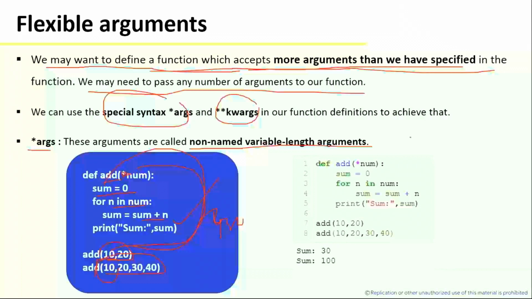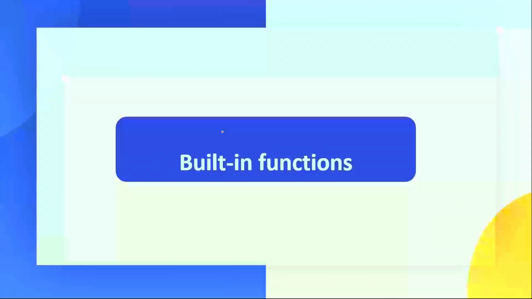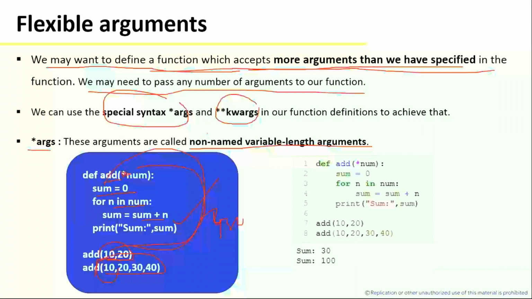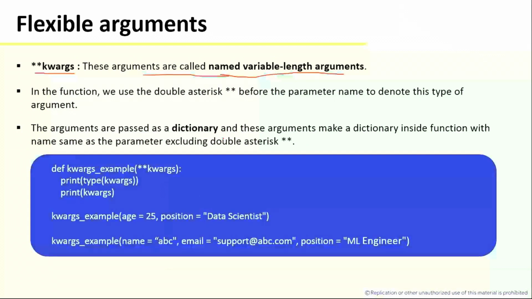Now there is another one, star star kwargs. The second one is star star kwargs arguments. These are called named variable length arguments. Earlier it was non-named variable length arguments. Here you are going to give names for the variables.